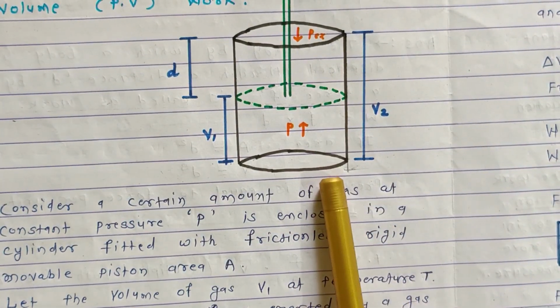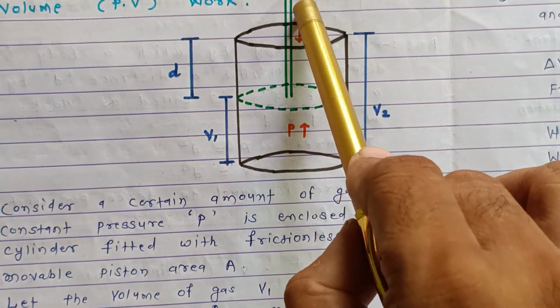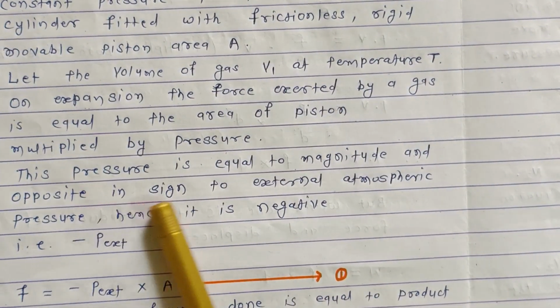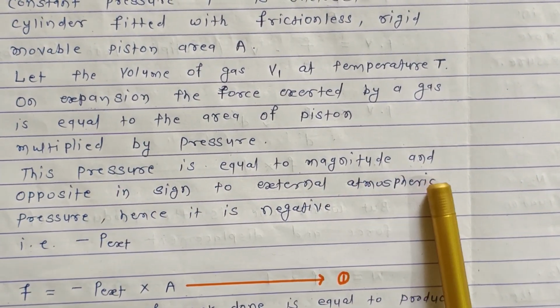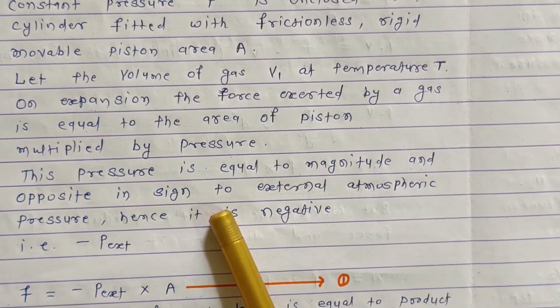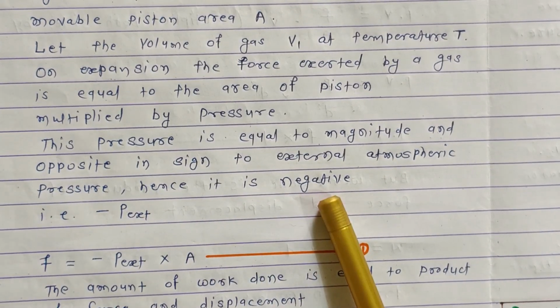So the gas expands and applies pressure upward, but the air applies pressure downward. This pressure is equal in magnitude and opposite in sign to the external atmospheric pressure, hence it is negative.